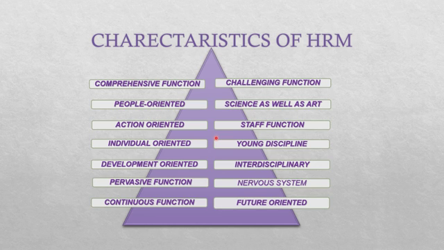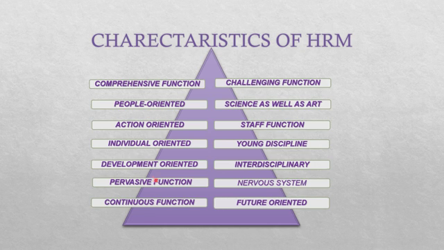So you are developing the potential of employees so that they get the maximum satisfaction from their work. When you are happy with your job, you try to put in more efforts, you try to enhance your own individual capabilities more towards the achievement of the organizational goal. So it is also development oriented.